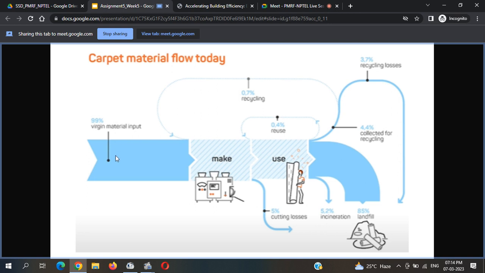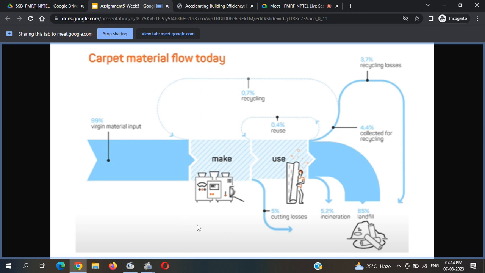So you can see 99% of the material which goes into production of carpet is virgin material input. That means that it is not recycled, it comes directly from nature. So 99% of the raw material used in manufacturing of carpet comes directly from nature.